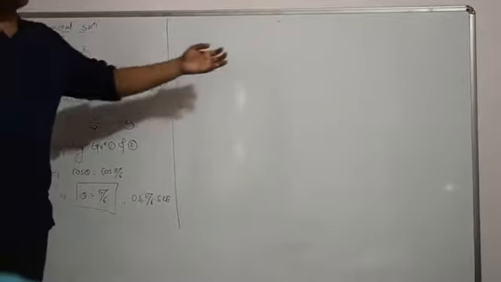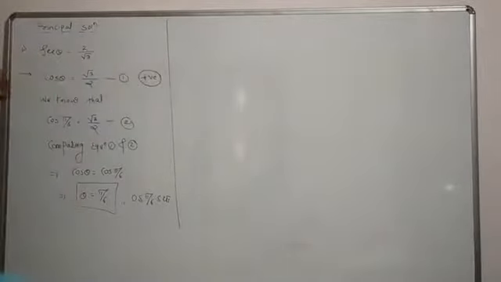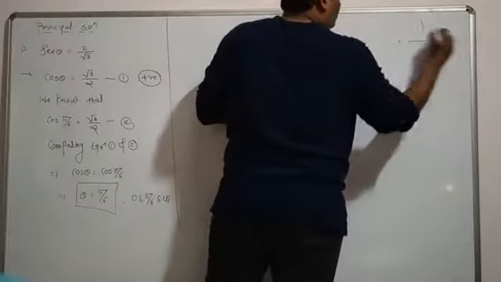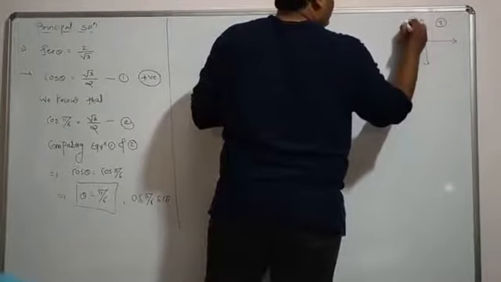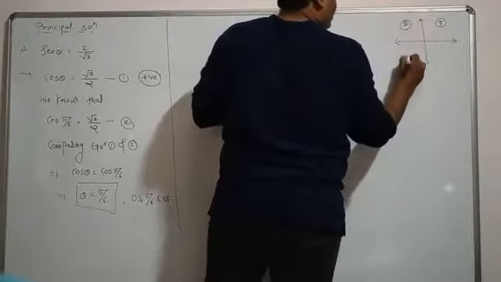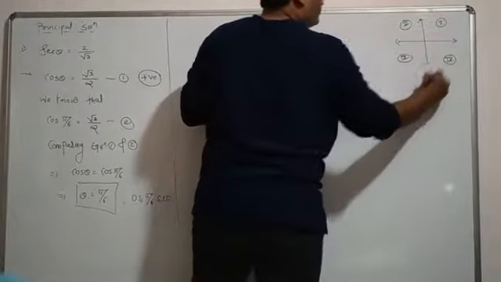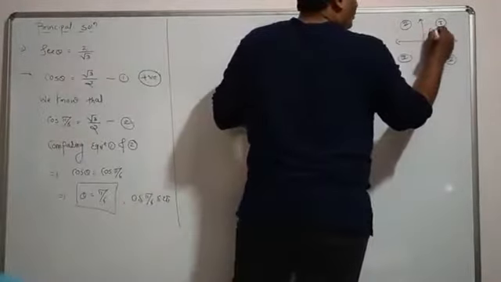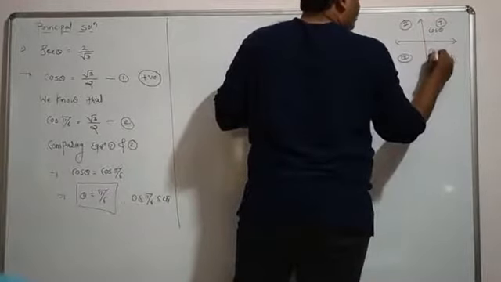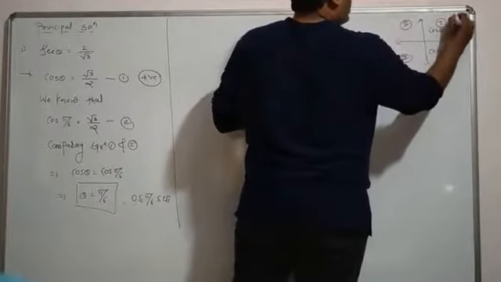That is quadrant number 4. So here I draw a rough diagram of the quadrants. Here you have first, here second, here third, here fourth. And you know that in the first quadrant and the last, that is the fourth quadrant, cos theta is positive.